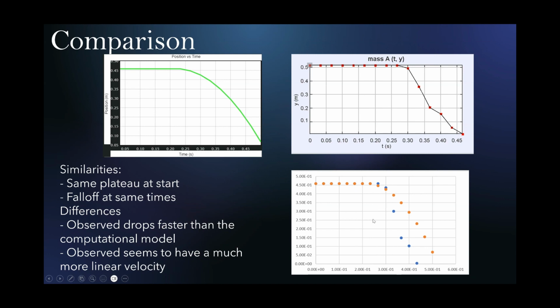Our difference is that the observed falls at a faster rate than the computational model, where we can see it has a strong kick of initial velocity at the beginning and falls to the ground much sooner than the computational model. This observed graph also seems to have a much more linear velocity than the computational.